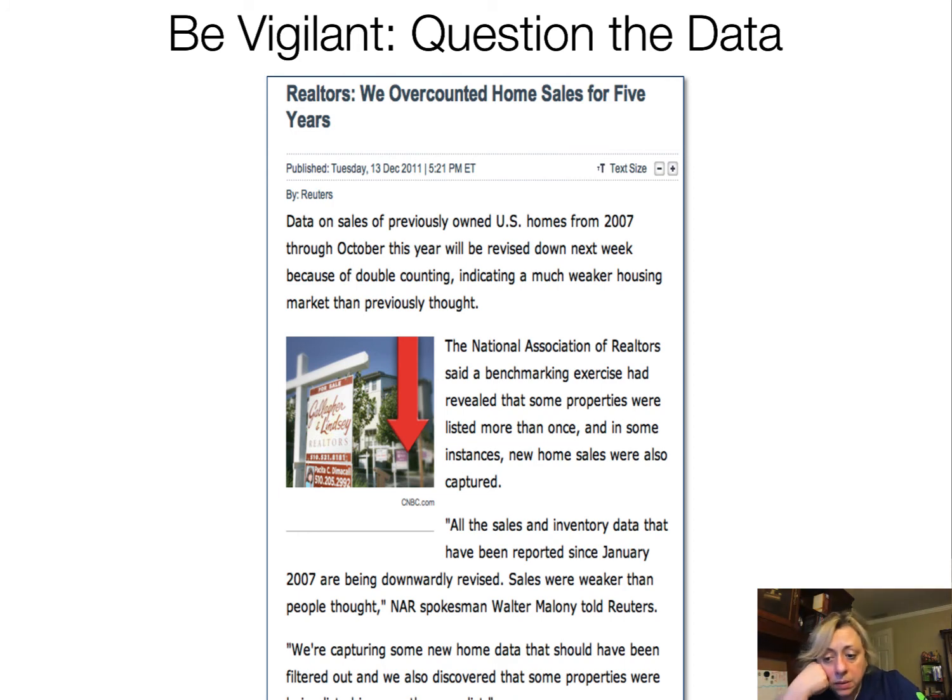So how did this happen? How did an organization with world-class talent make a mistake like this? The data for home sales was collected in repositories called multiple listing services, MLS. These MLS systems across the country gather and report the data for their area.